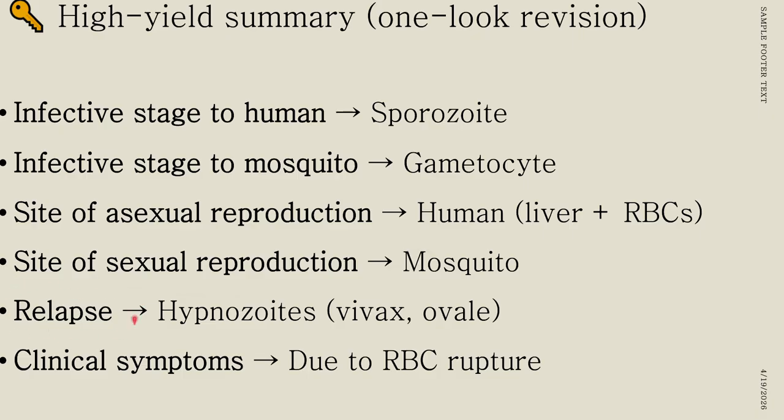Relapse can occur due to hypnozoites only in vivax and ovale, and clinical symptoms occur due to the rupture of red blood cells inside the infected human.